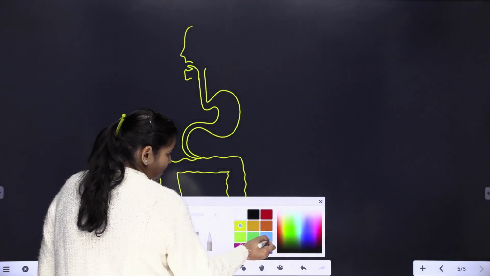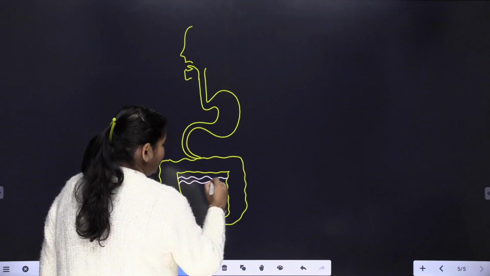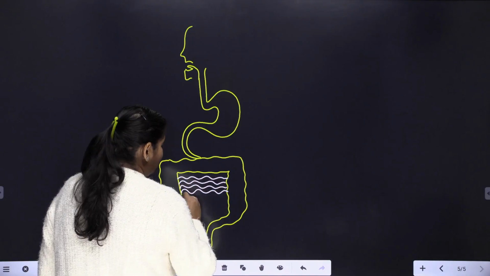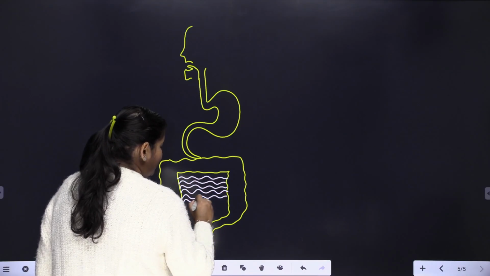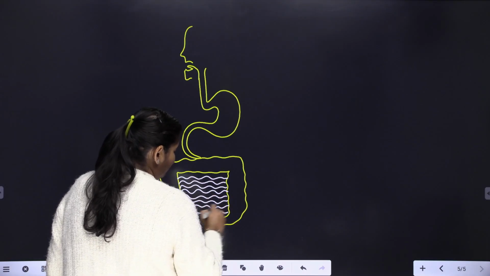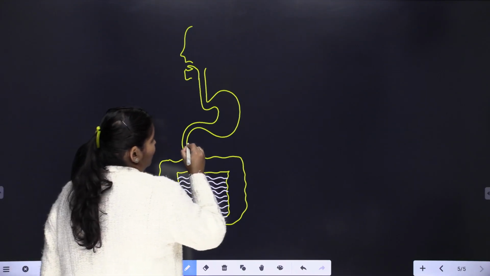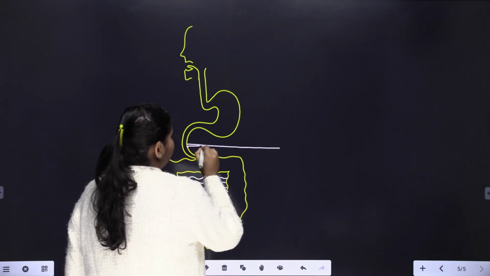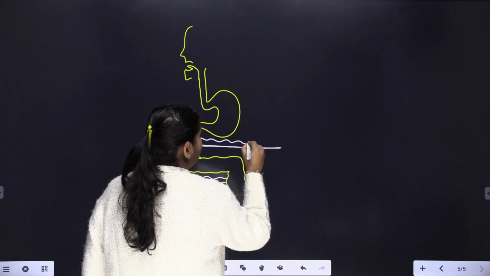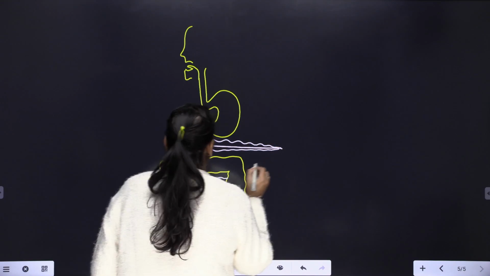And this is the small intestine. Please don't make it entangled. Try and make it wavy like this, because our intestines are packed like this only in the form of layers. All right. And then we have the pancreas here. I'll come back to the flowchart because we'll also talk about the accessory glands.